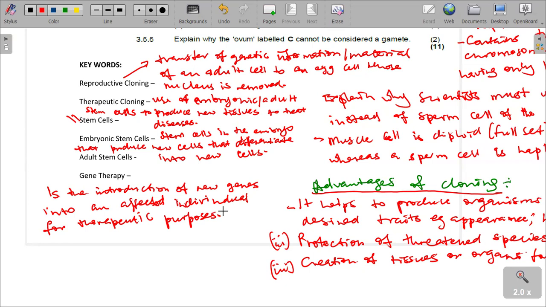So in that regard, gene therapy is the introduction of genes into an affected individual for therapeutic purposes. Therefore, the organism can start to function properly. So in this regard, I'm sure that with cloning, we have tried to look at it from different angles that it can be asked.